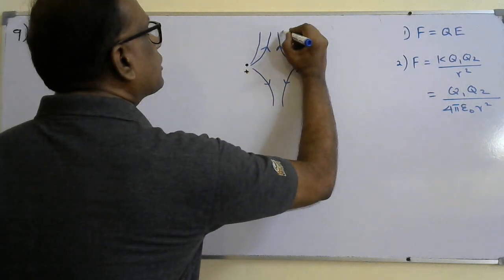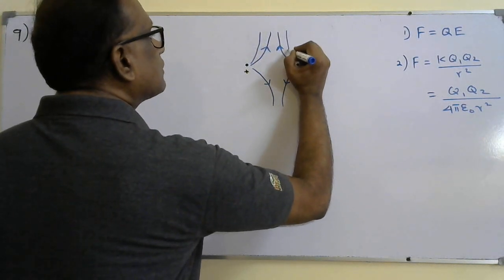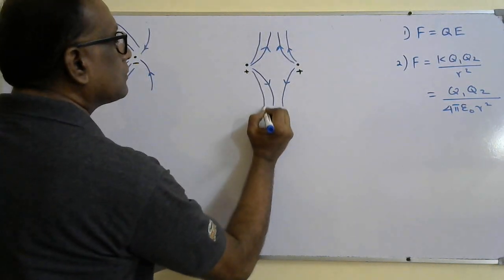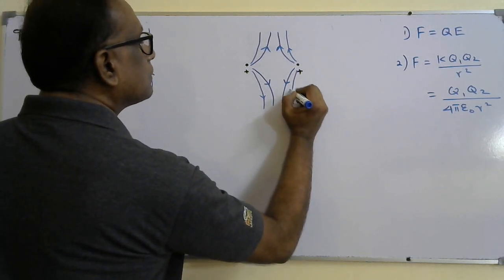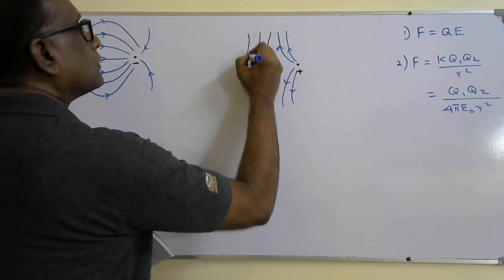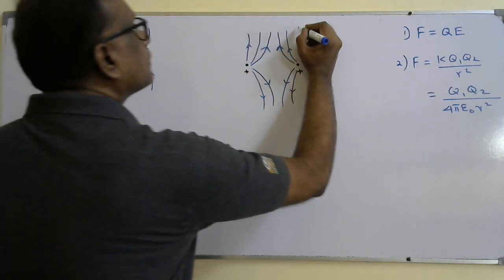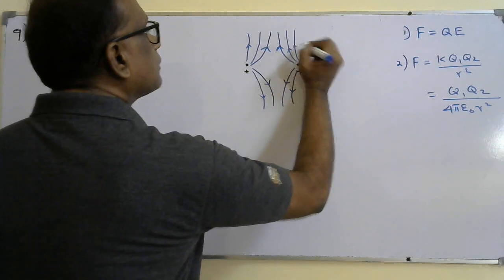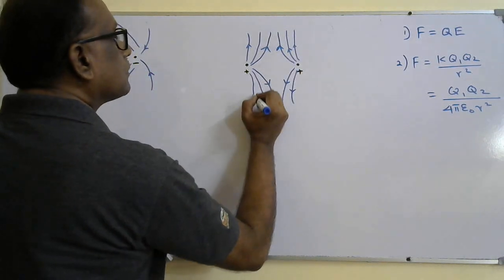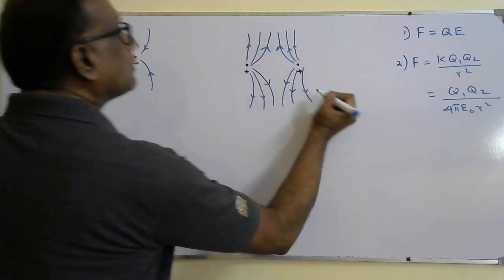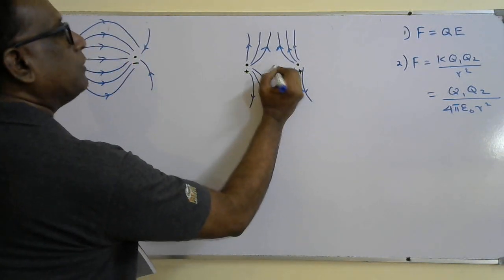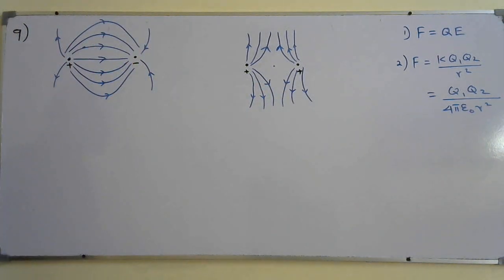The field lines never cross each other. Like that. So in the center part, there will be a point where there are no electric field lines, where the electric field strength is equal to 0.